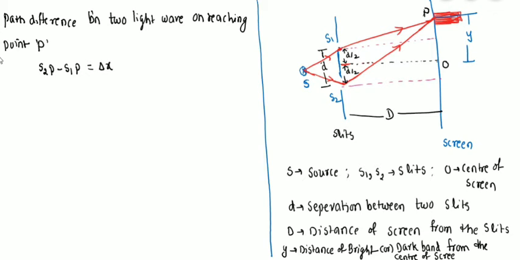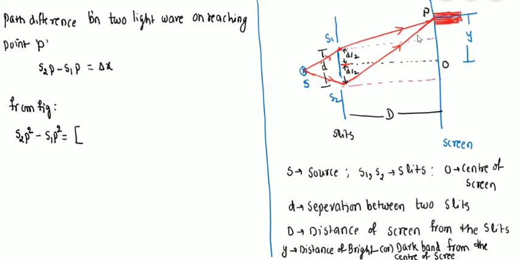But from the figure we write one thing. From the figure we find S2P squared minus S1P squared. I want to find out S2P whole squared minus S1P whole squared. S2P is what from the figure? You see very carefully, S2P is this one. You take one triangle here.